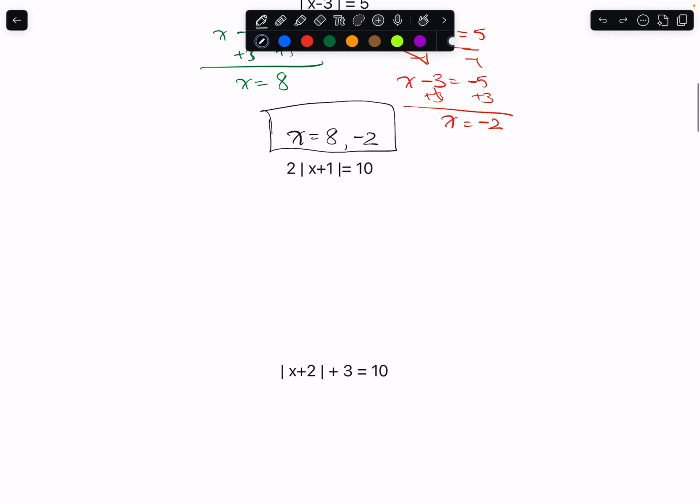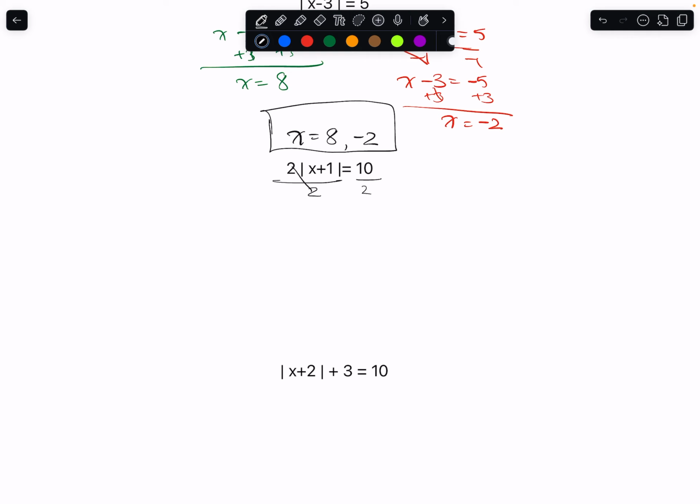Let's work on the second one. It may look all confusing as well, but we're going to do the same steps. We're going to pretend like it's also parentheses. First thing I would do is divide by 2, simply so I can get x plus 1 by itself.